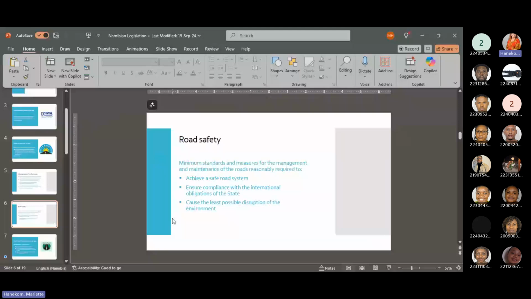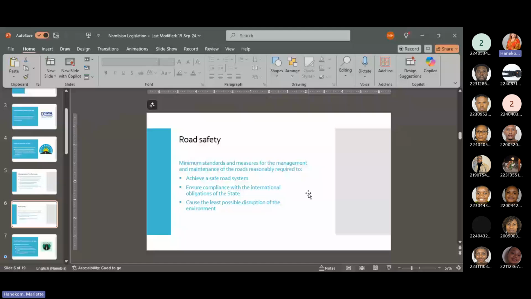How is the Roads Authority involved in road safety? By setting down minimum standards and measures for the management and maintenance of roads to ensure that we achieve a safe road system, to ensure compliance with international obligations of the state.